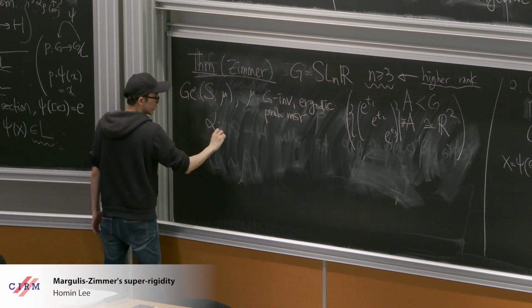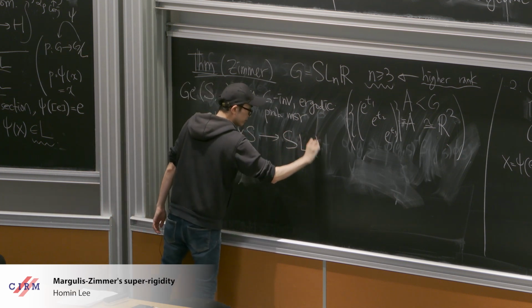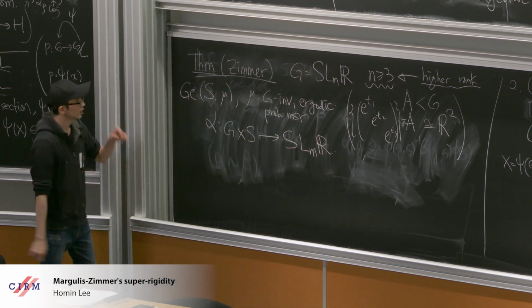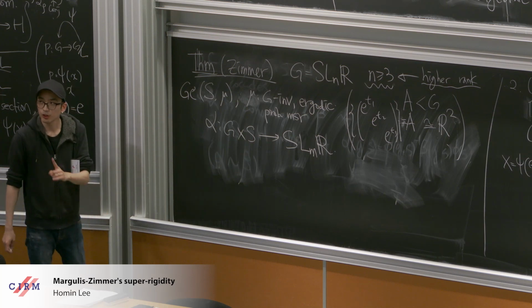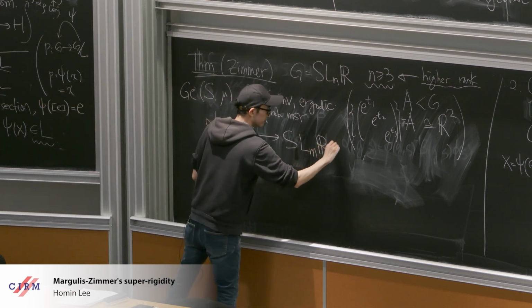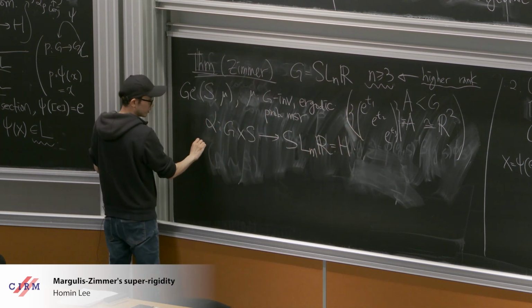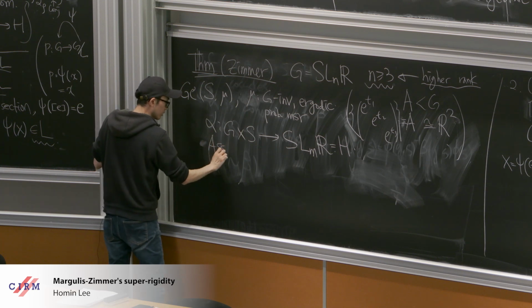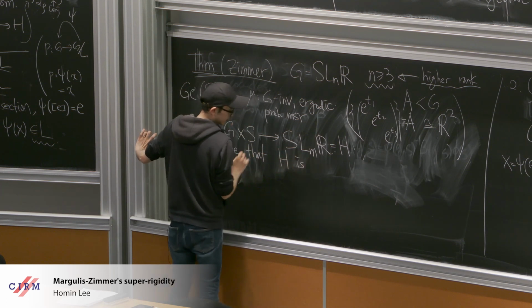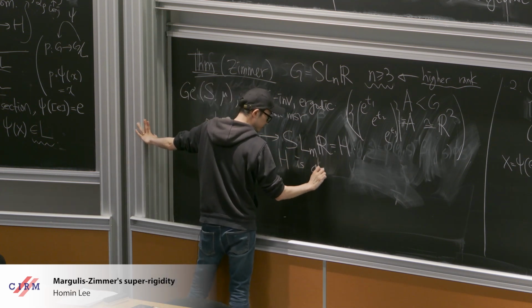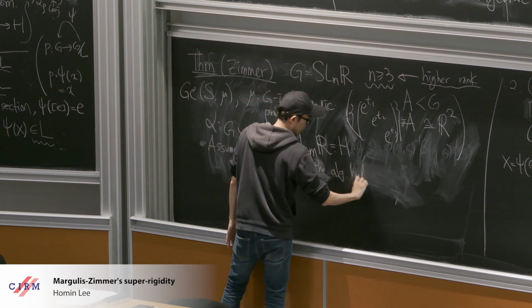Now if we have a cocycle alpha to SL_m(R), where m can be arbitrary, and assume that H is the algebraic hull of alpha.